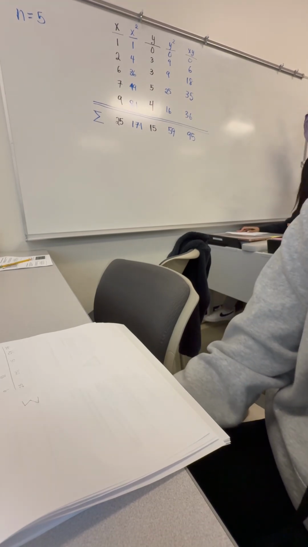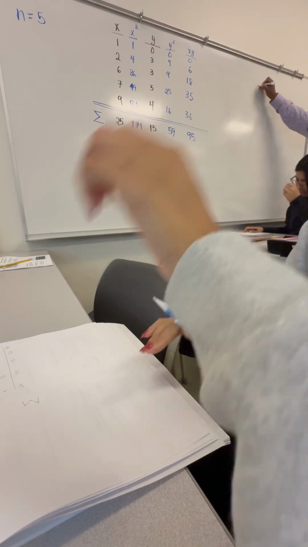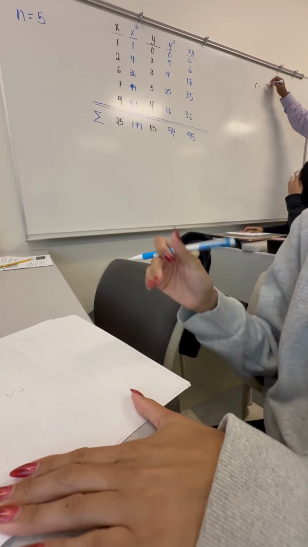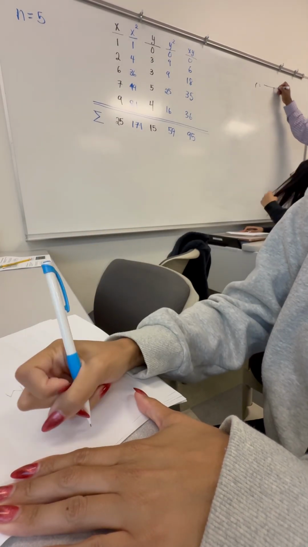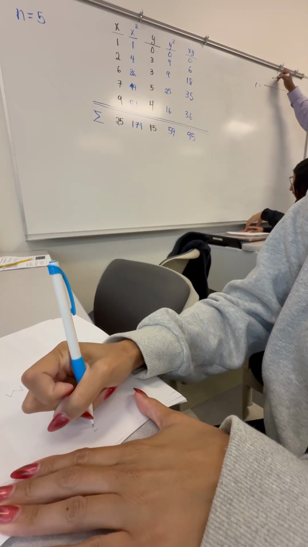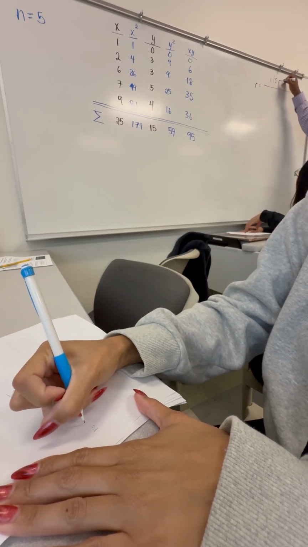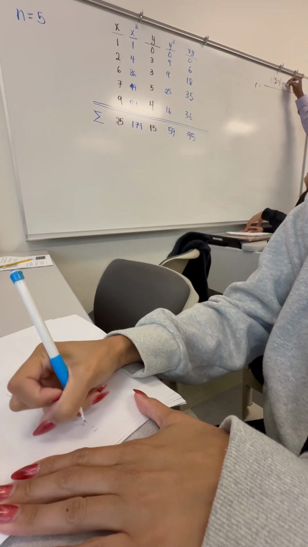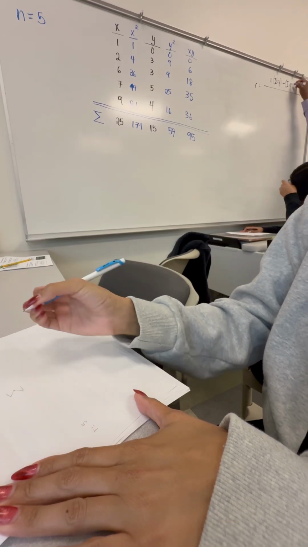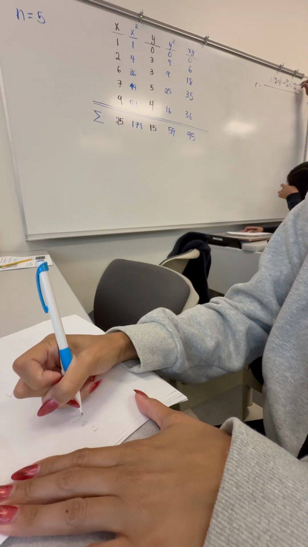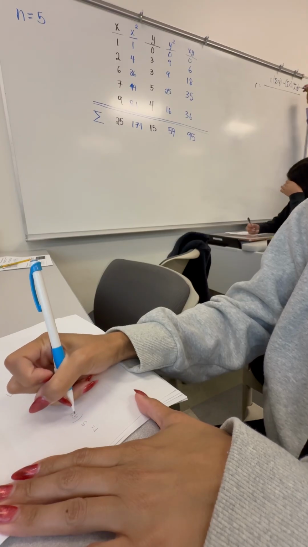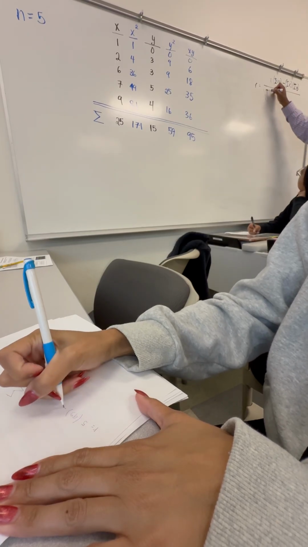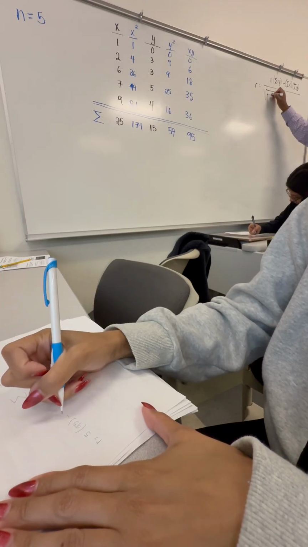I'm fine. So now, to calculate R, I'm gonna put the formula up first. So it's N times summation XY, sorry for my summation, minus summation X times summation Y over square root of N times summation X squared, minus summation X, quantity squared, times another square root, N times summation Y squared minus summation Y, quantity squared.